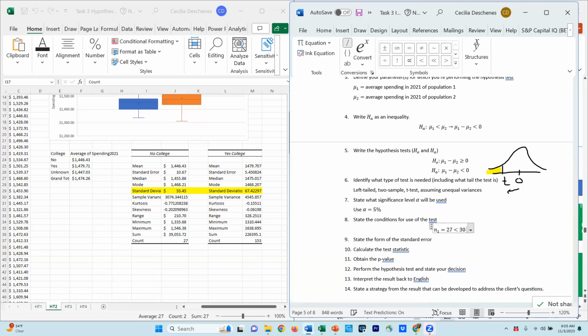So that means that we need to be sure that the no college data are normal. Actually, let me delve a little deeper into the theory.